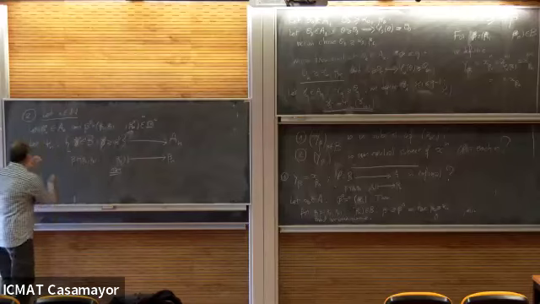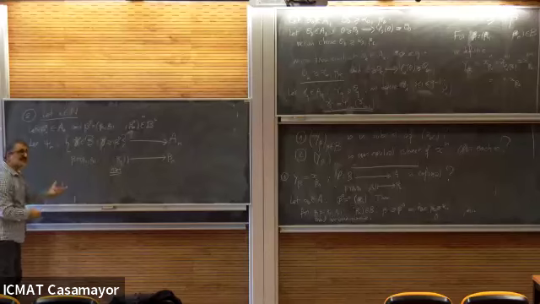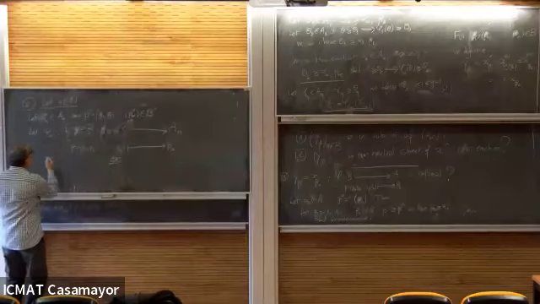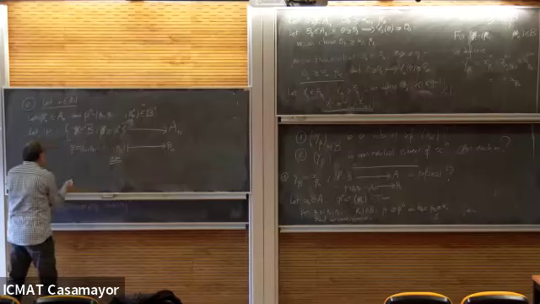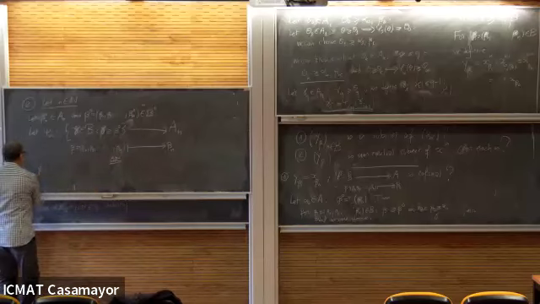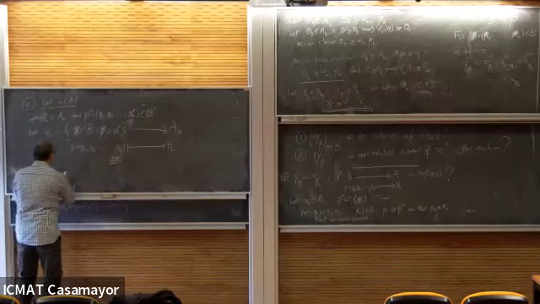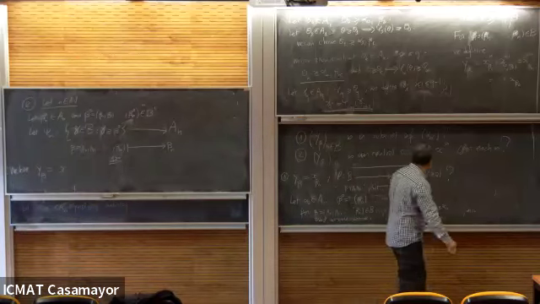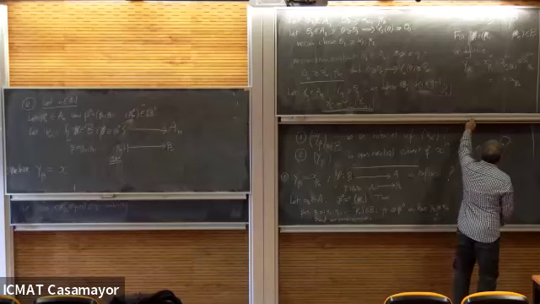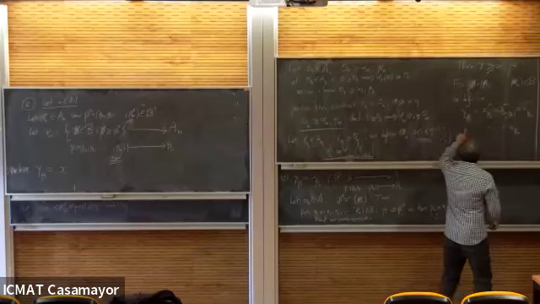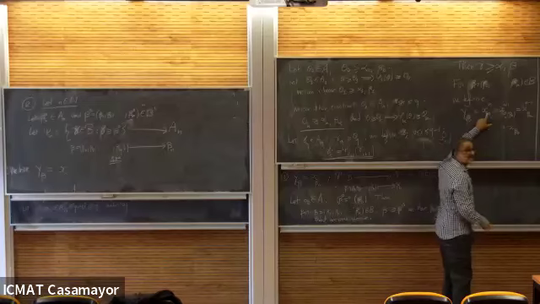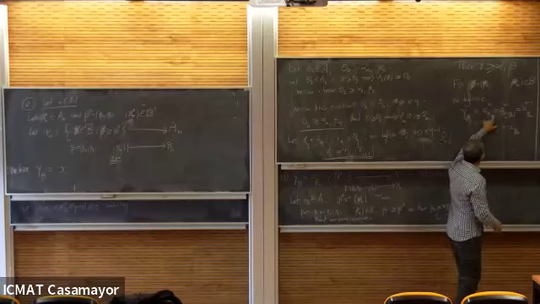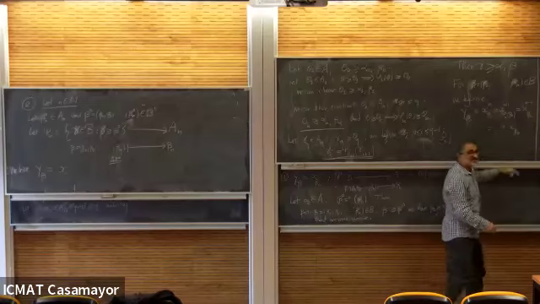So I will show that this map is cofinal, and by definition of y beta, we have y beta. You start by the last one, but it's equal to the next.